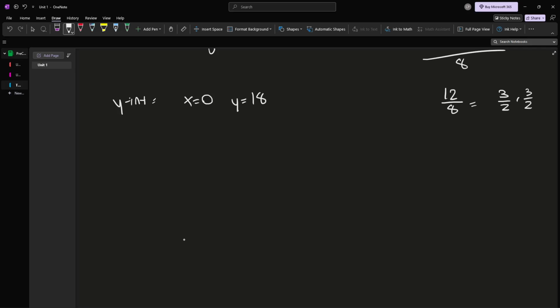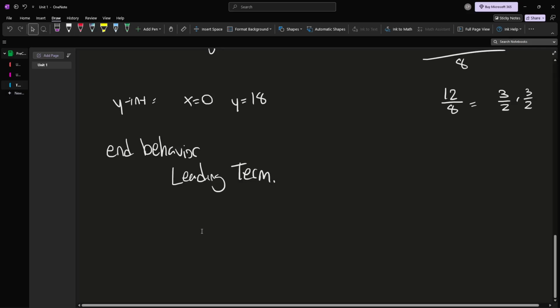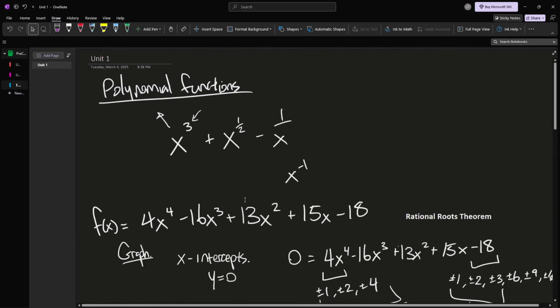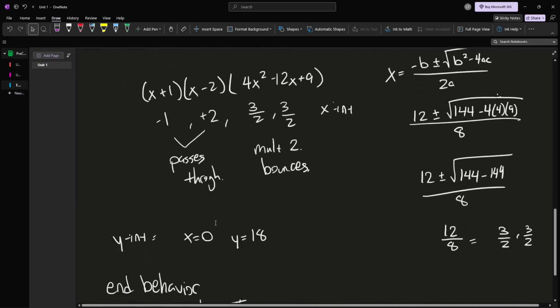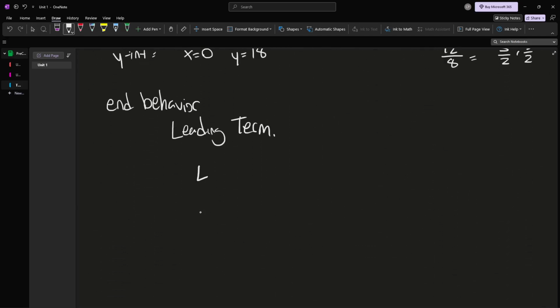The final thing that we need before we graph is our end behavior. End behavior only relies on the leading term. So once again, we look back at our original. I have 4x to the 4th. The leading term is the only one that matters because the leading term's exponents are very, very strong.